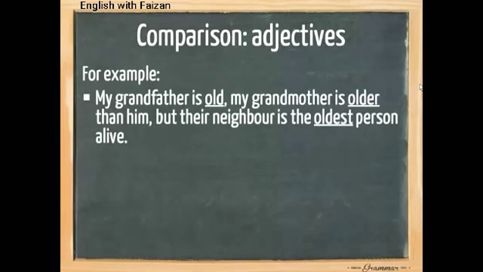For example, my grandfather is old, my grandmother is older than him, but their neighbor is the oldest person alive. So, my grandfather is old. Here, old is an adjective because it says something about the noun, my grandfather.